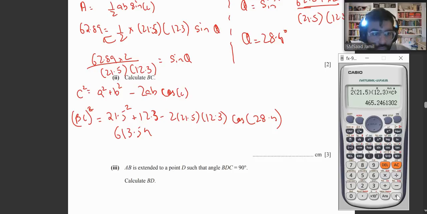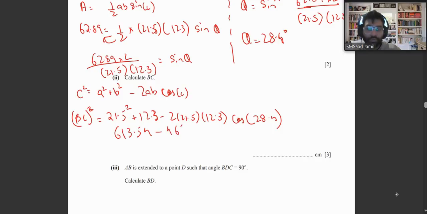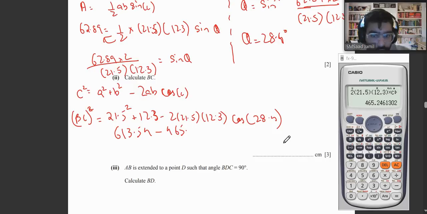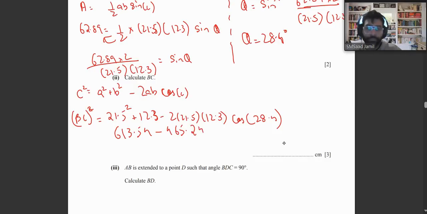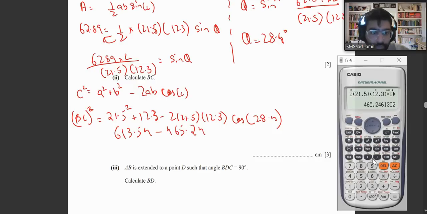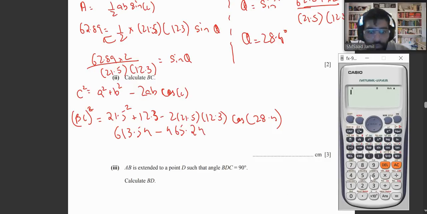This is 465.24. So we subtract them both. 613.54 subtracted with your answer, you get 148.293.